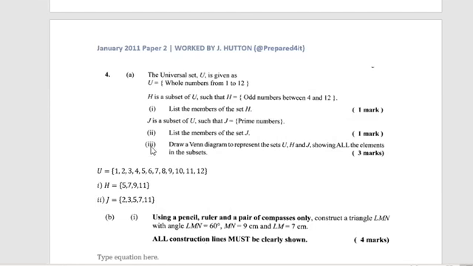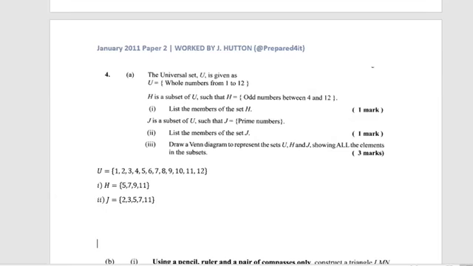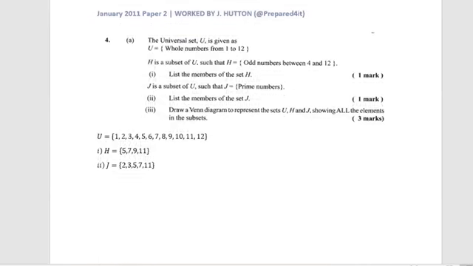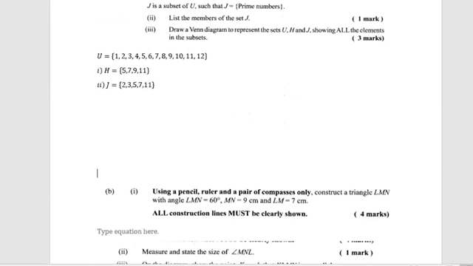And part 3 now asks us to draw a Venn diagram to represent the set U, H, and J, all showing the elements. So let us put on my best drawing skills. So this is my universal set.